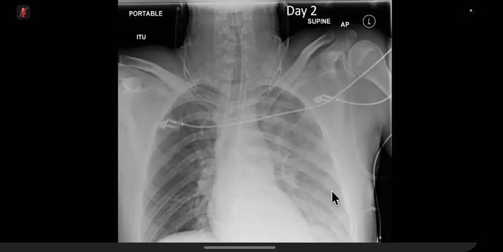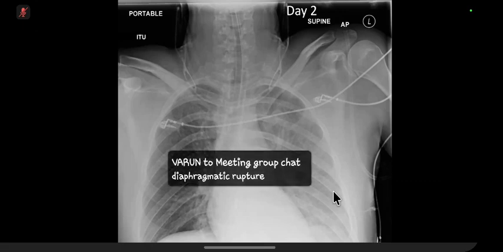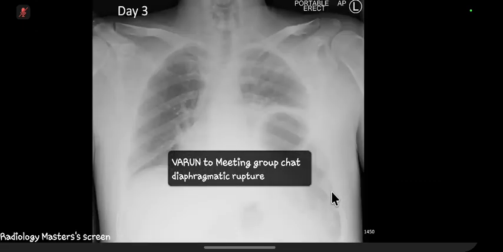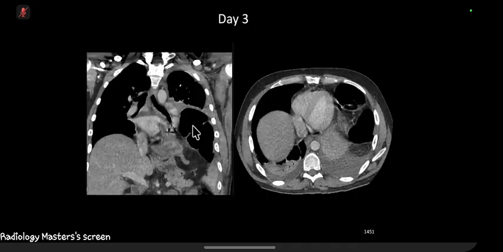hemothorax. And then day 3, we've got herniation of a hollow viscus, whether that be the stomach or the colon, through the defect in the diaphragm. And so whenever you see a diaphragmatic hernia, as we see here, there's the colon going through the defect.